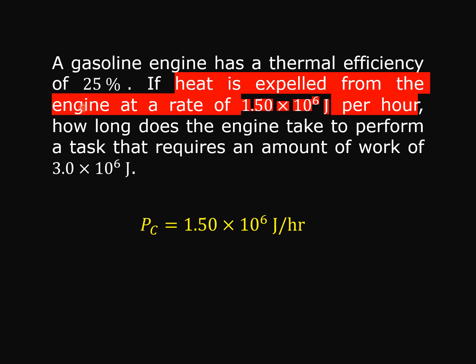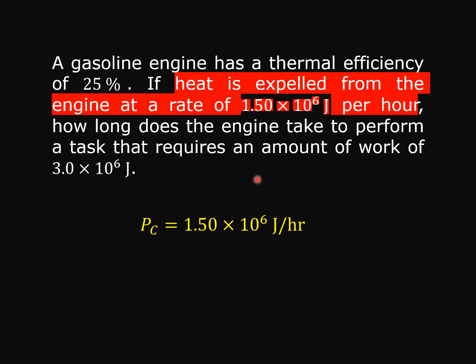QC is the heat that flows from the substance in the engine to the low temperature reservoir. And in this question, it says that every hour, the quantity of heat that flows from the substance in the engine to the low temperature reservoir is 1.50 times 10 to the power of 6 joule.